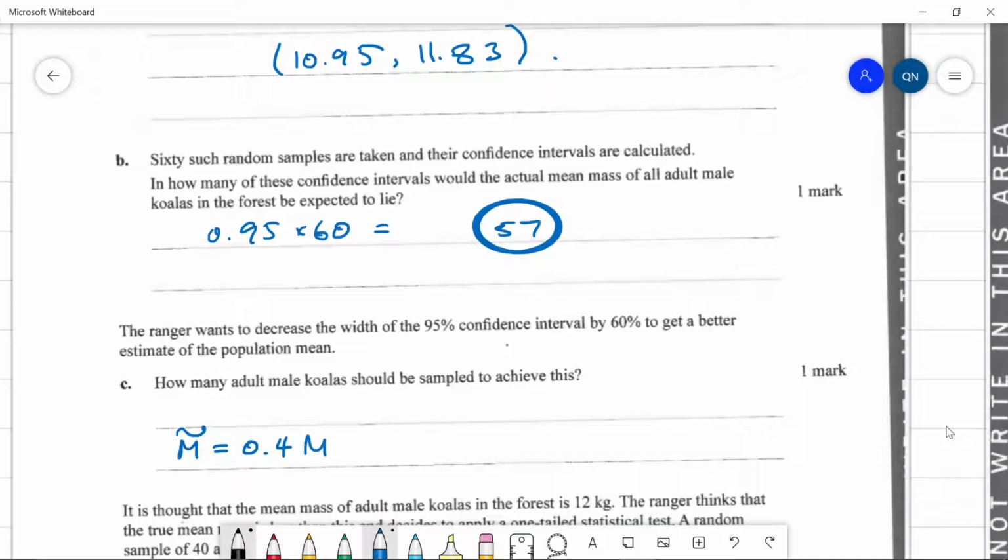That's a decrease by 60%, I think. No. So if we want to decrease the width by 60%.